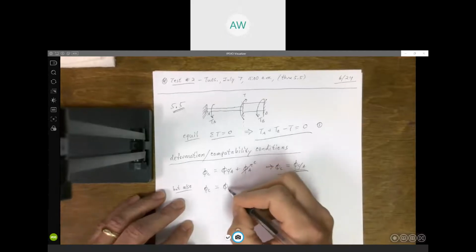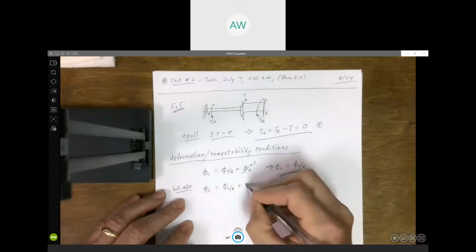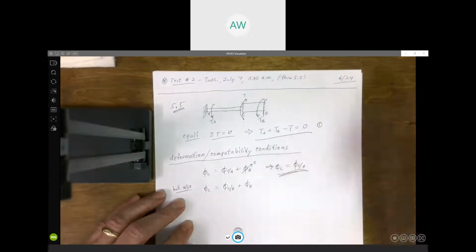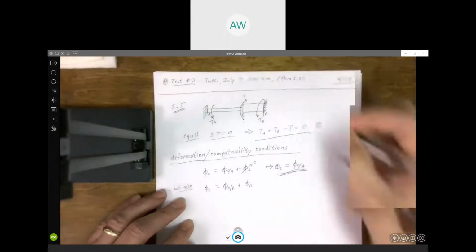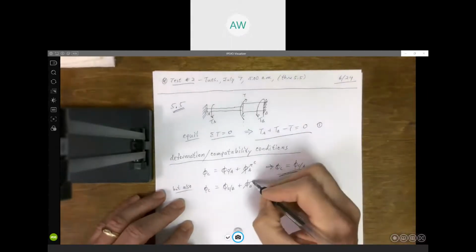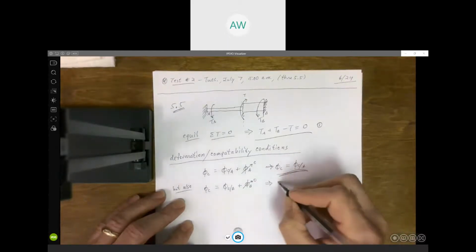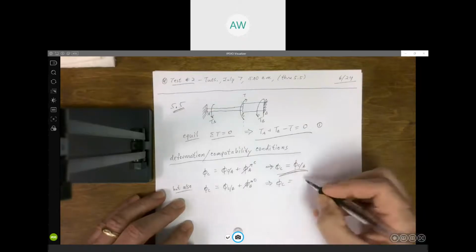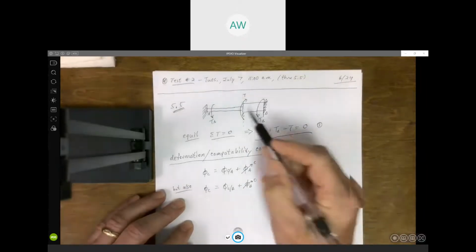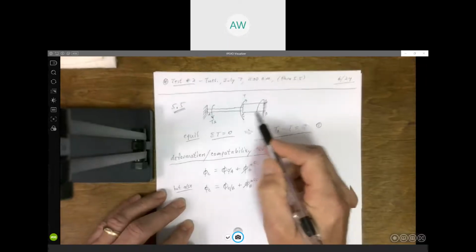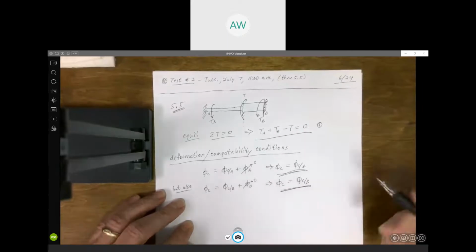So the angle of twist of C with respect to B, plus whatever angle of twist there at B, but just like above here, if B is fixed, it doesn't rotate. And so that's 0. So we get the angle of twist at C has got to be equal to the angle of twist of C with respect to B. So however much this part of the shaft twists, that's got to be what the angle is at C.